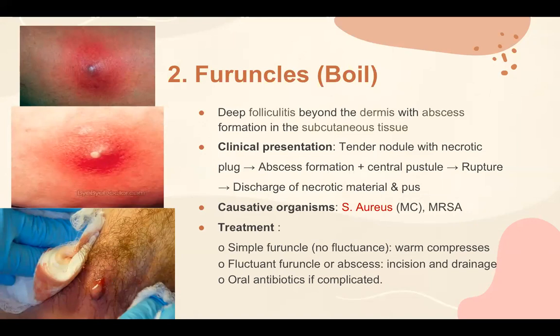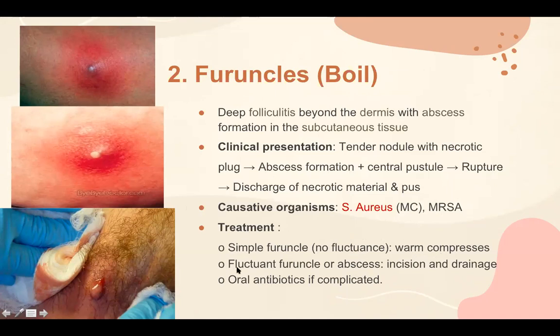Now, again, the causative organism most commonly is Staph aureus. But since it has an abscess formation, it can also be caused by methicillin-resistant Staph aureus. The treatment of furuncles depends on whether it's simple with no fluctuance, meaning that the abscess did not form yet, you can only use warm compresses.